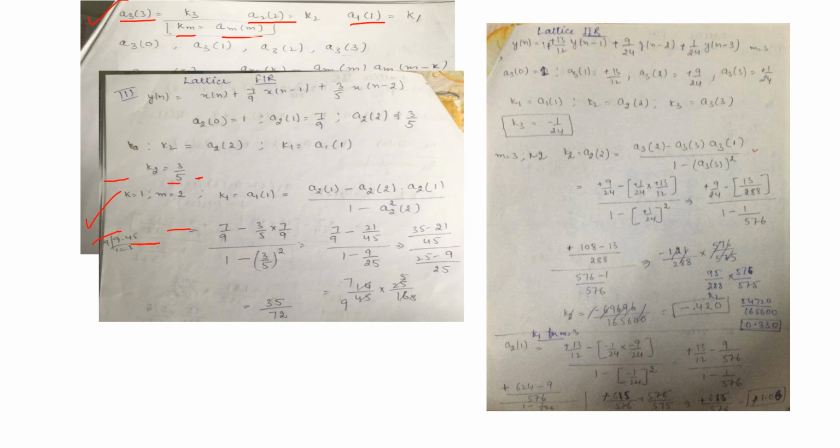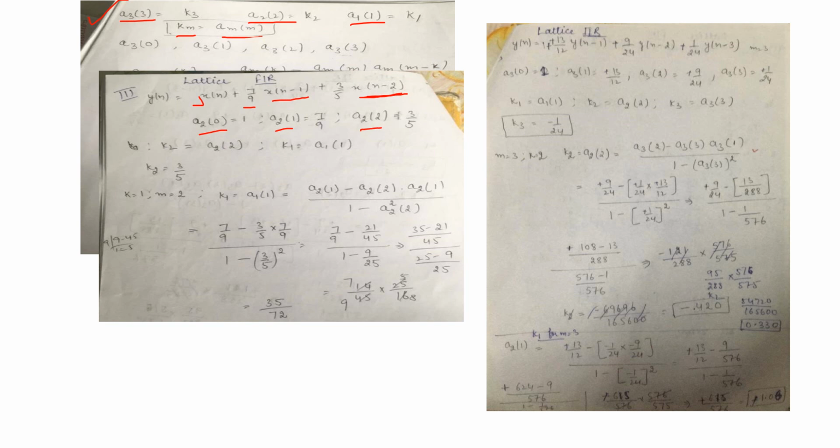As you know, here the order of the equation is 2. Clear? Order of the equation is 2. So you have to calculate the two constants K1 and K2. As we know that for second order or two stages equation, the constant of x of n is A2 of 0. Constant of x of n minus 1 is A2 of 1. And constant of x of n minus 2 is A2 of 2.